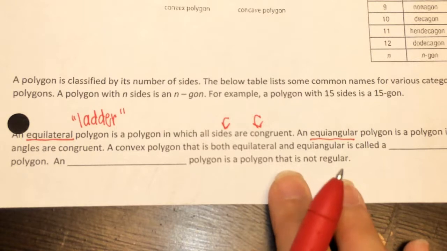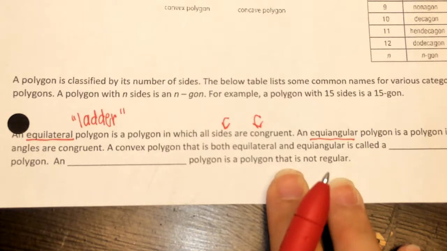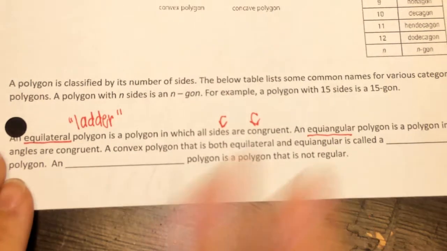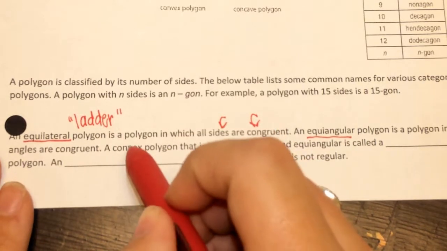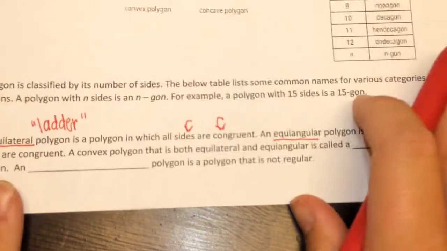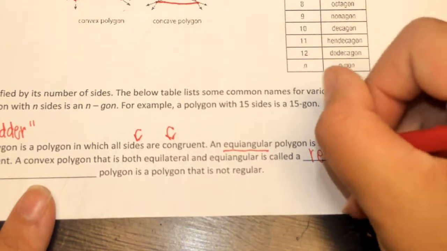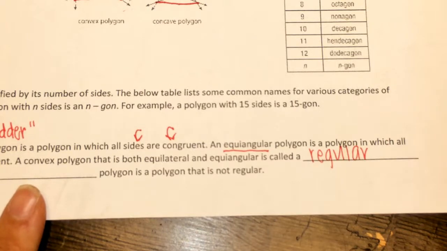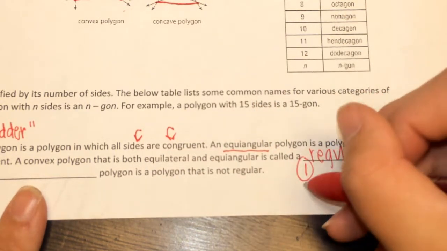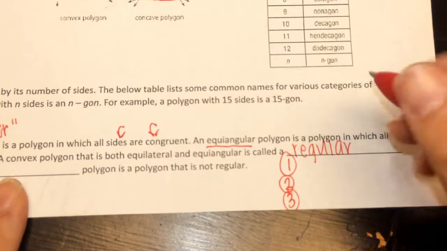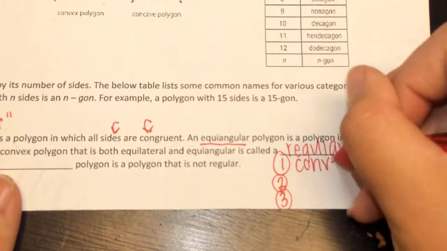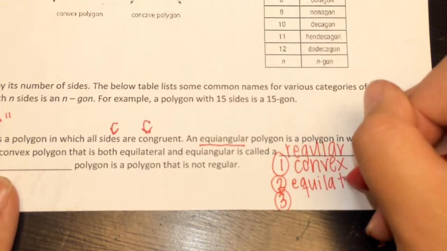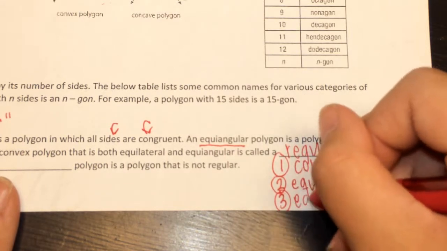So we can break it down into concave and convex. They can be equiangular, they can be equilateral, they can also be regular and irregular. Here's what makes a regular polygon. If it is convex, equilateral, and equiangular, it is a regular polygon. It has to pass all 3 of those tests. So in order to be regular, I'm going to make a list right here for you. To be regular, it has to be convex, equilateral, and equiangular.